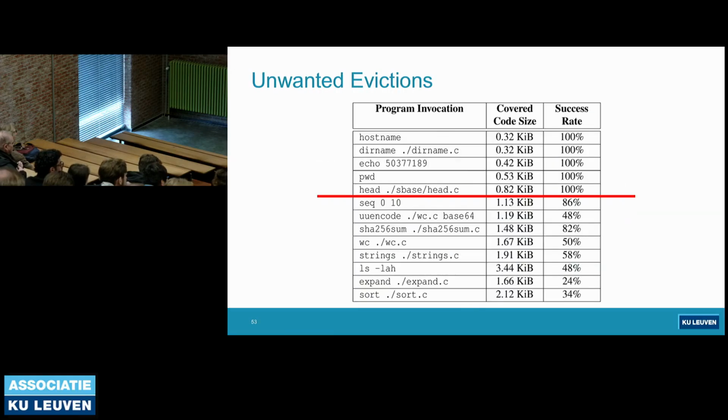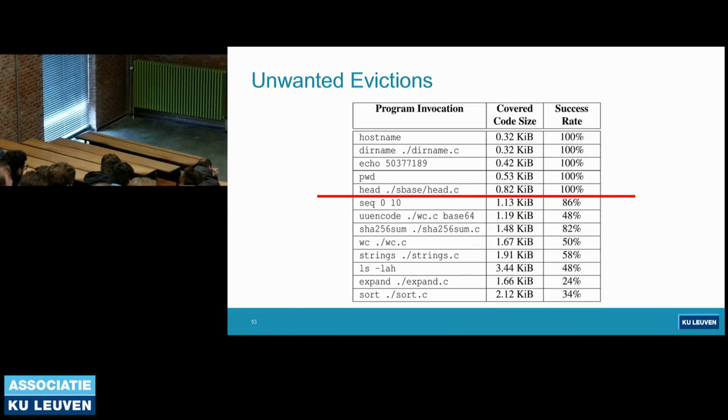We ran our evaluation on a number of programs to find out which code sizes are really affected by these unwanted evictions. And for real world programs, we found that this border is about at 1 kilobyte. So everything below ran smoothly without unwanted evictions, without interferences. Everything larger did encounter some issues with that.